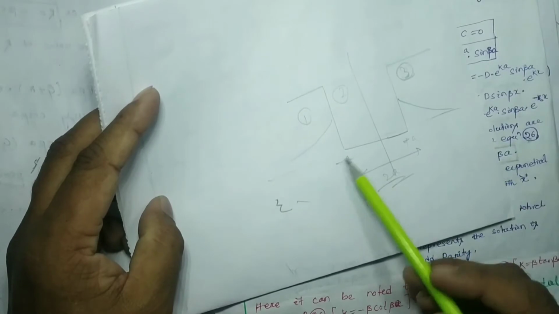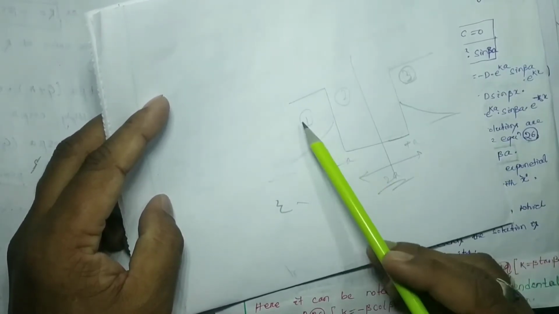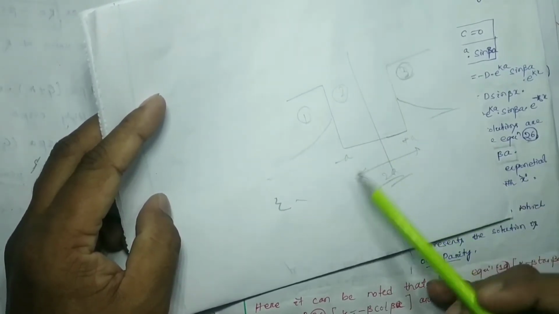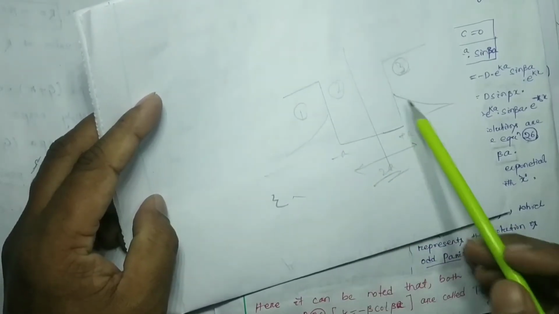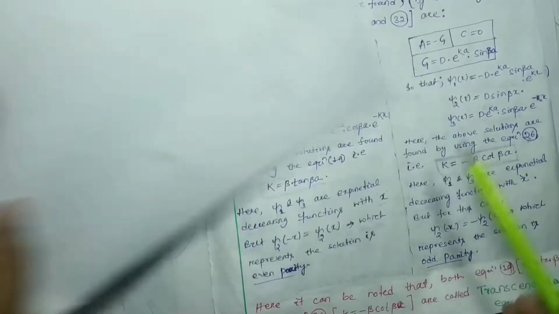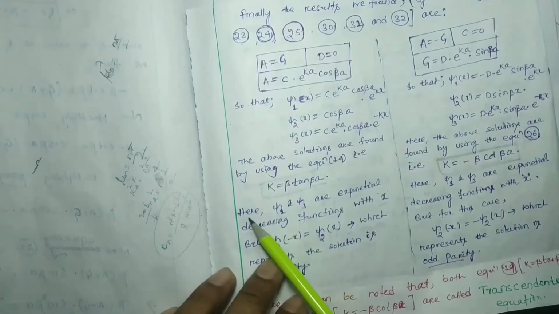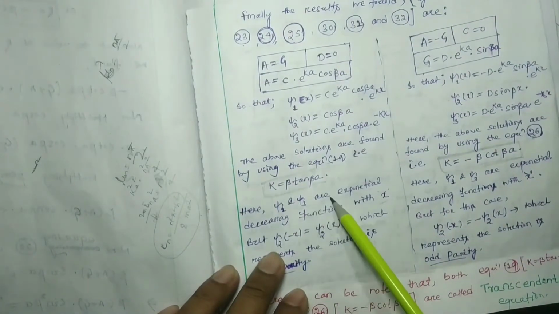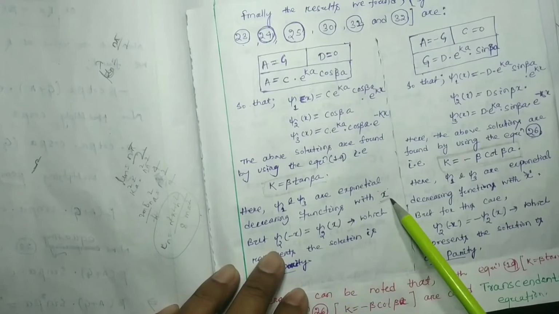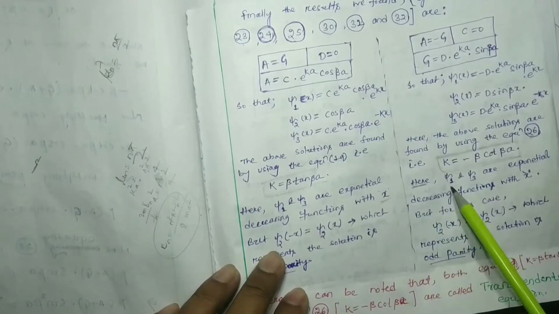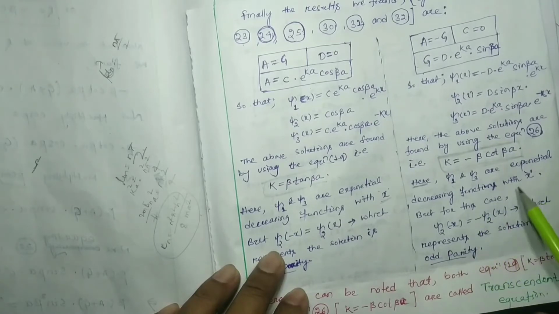That means the modulus, the mod x, is increasing in regions 1 and 3. If we increase this side, the wave function also decreases. So it has been written here: psi 1 and psi 3 are exponential decreasing functions with x.